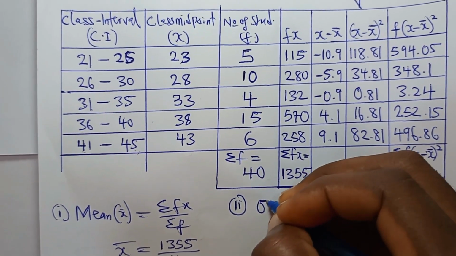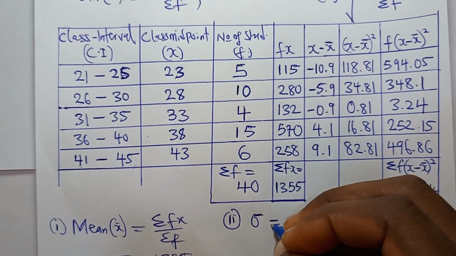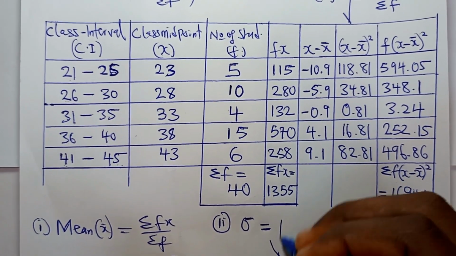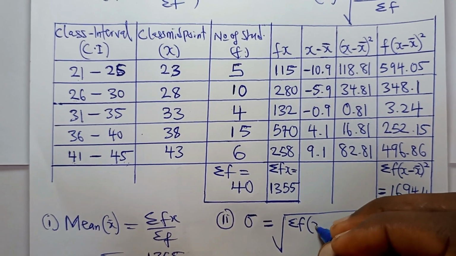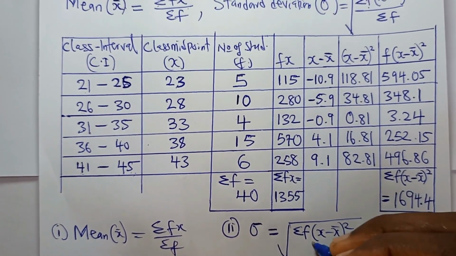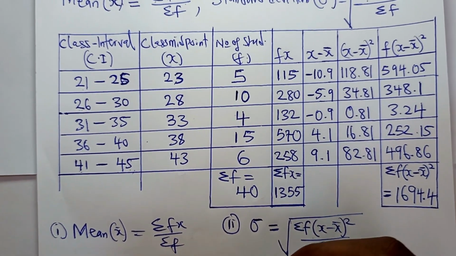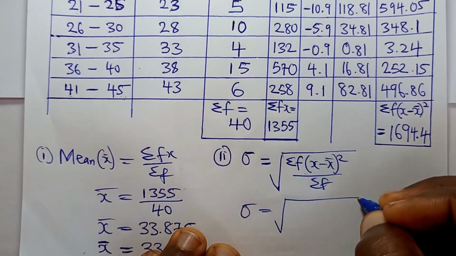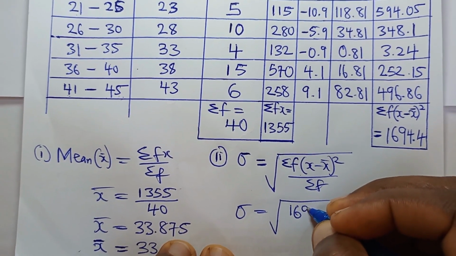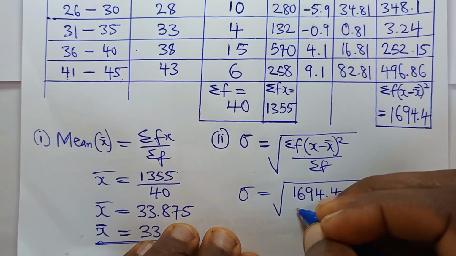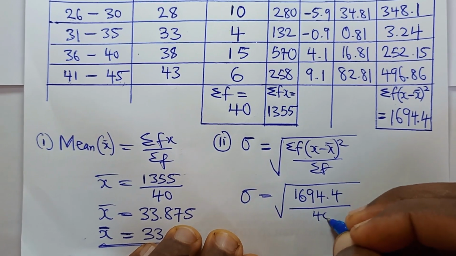Standard deviation. This is the symbol for standard deviation I told you before. Standard deviation is the square root of what? The square root of summation of f times x minus mean squared over, we've written it out before. So that is the square root of 1694.4 divided by 40.